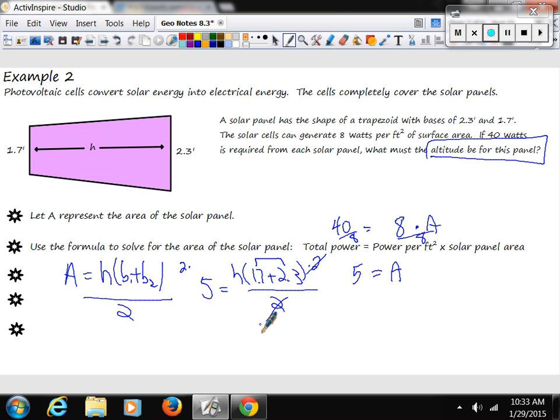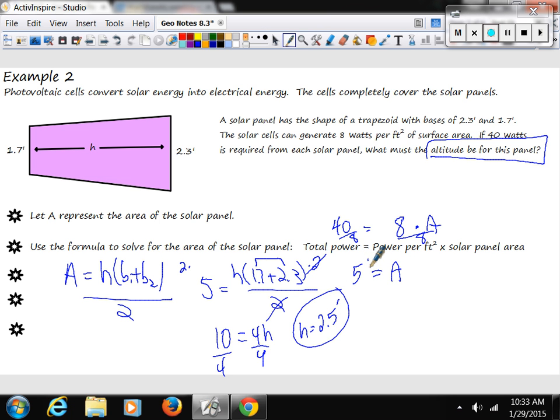So those cancel out. You're going to get 10 equals, and then 1.7 and 2.3 together is 4.0, which is 4. So 4H. So divide by 4, and you'll have H is 2.5, and that would be feet, not square feet.